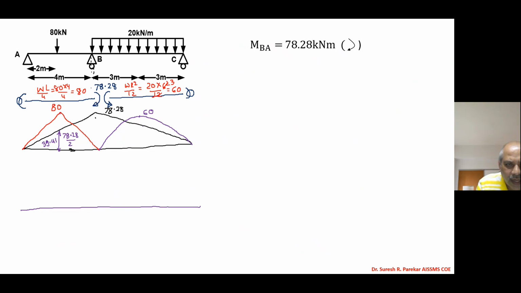Now we have to find this value also. Again we are at center and we have 78.28. This is 6 meter, so automatically we will get this value also, 39.41. Now we have to plot the BMD by superposition, and now we have the BMD on tension side.